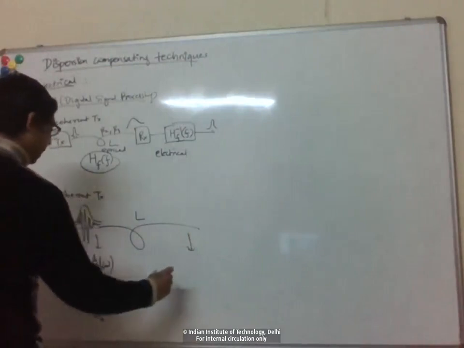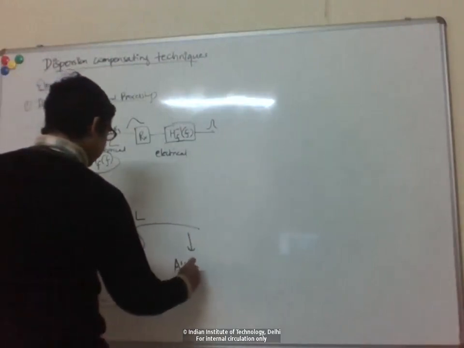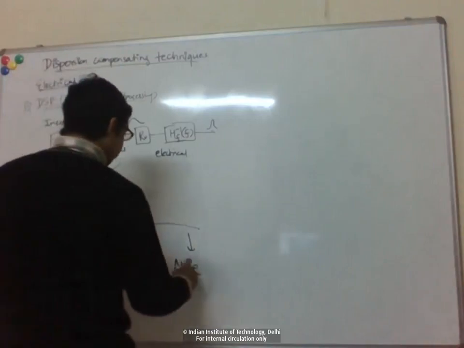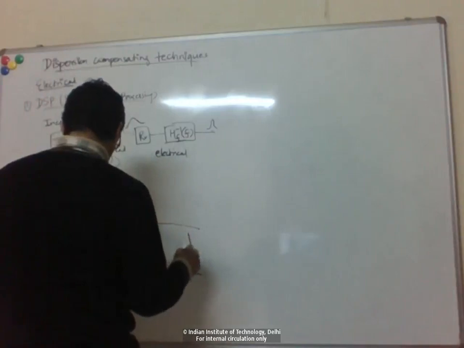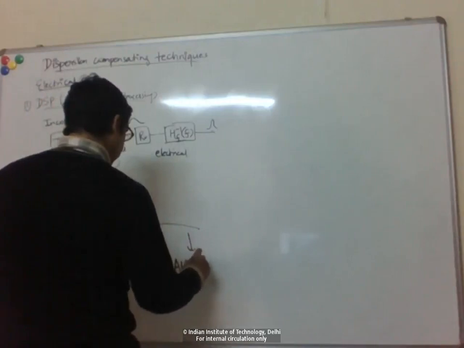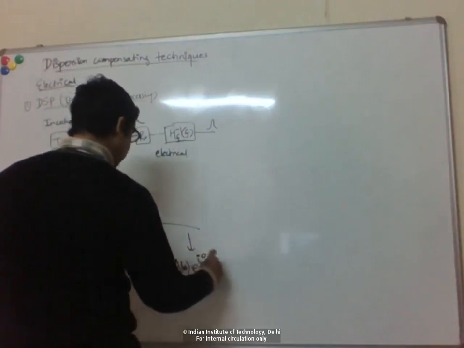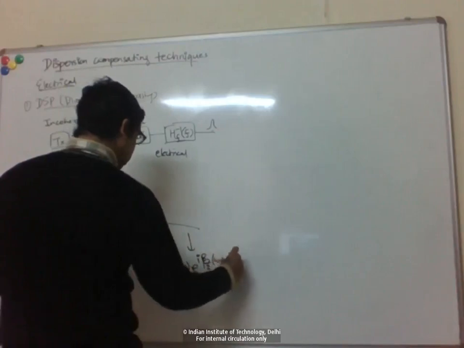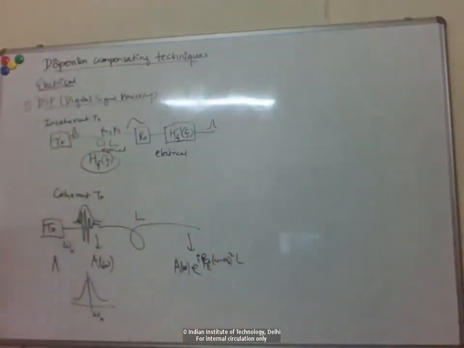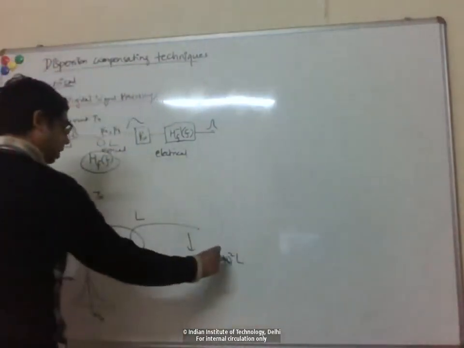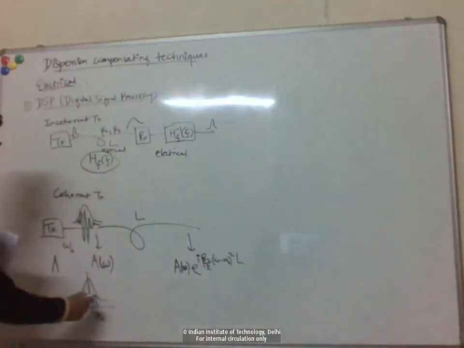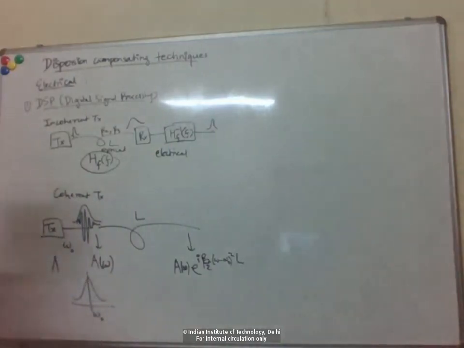And then after fiber propagation, this is getting multiplied by a frequency dependent phase. If you take beta 2, you could take additional terms also, but now you're multiplying by a phase which is quadratic around the center frequency.